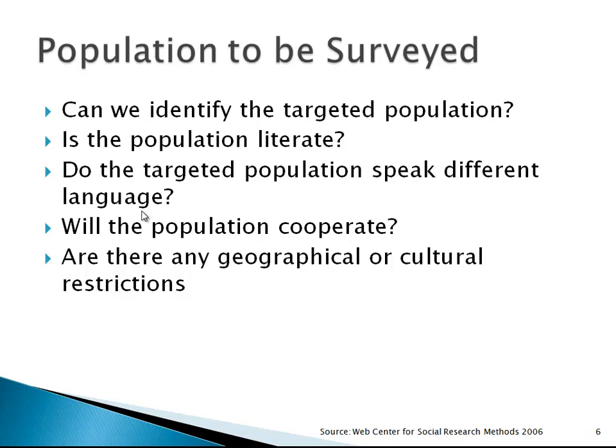Will the population cooperate? If they are not going to cooperate, what should I do? What's my plan to collect the information needed? And are there any geographical or cultural restrictions? Geographical, they are so far apart, the population per square foot is very low, so I need to travel long distances just to collect the information.